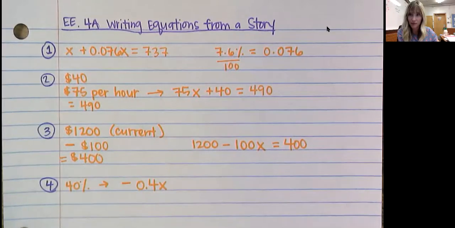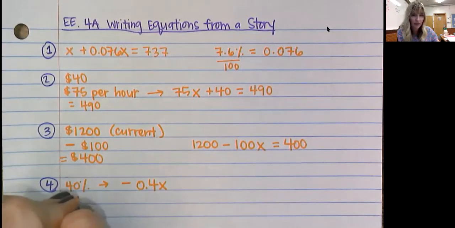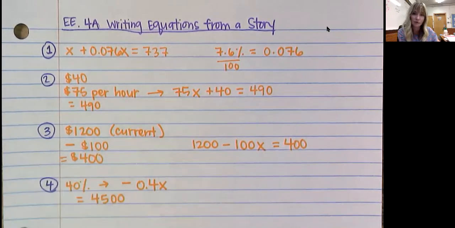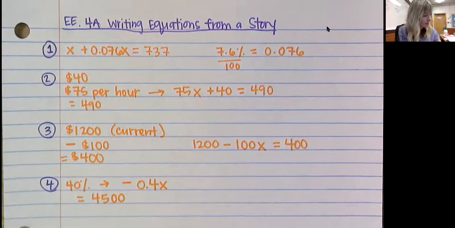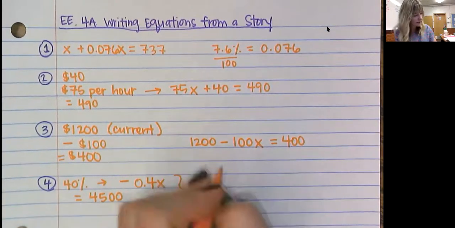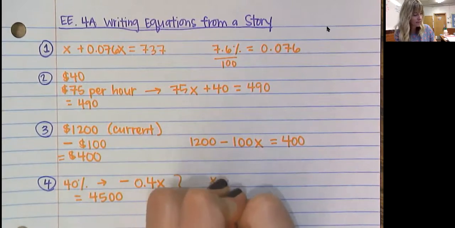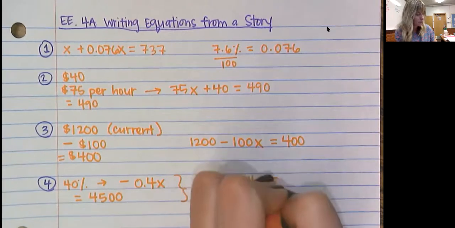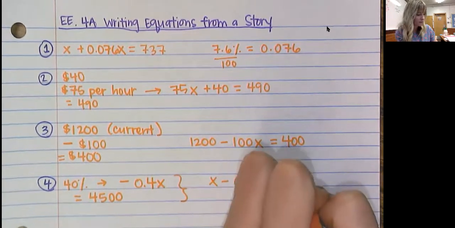That's what that means. It's a discount, 40% off. Jasmine ended up paying a total of $4,500 for the discounted piano. What was the regular price? Okay, taking all this information together, I can say the original minus 40% of the original equals $4,500.